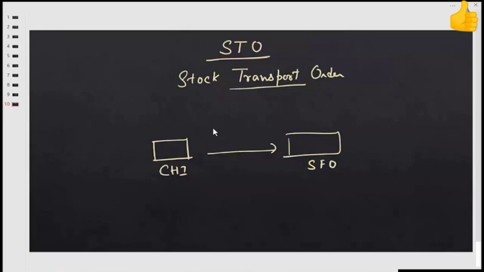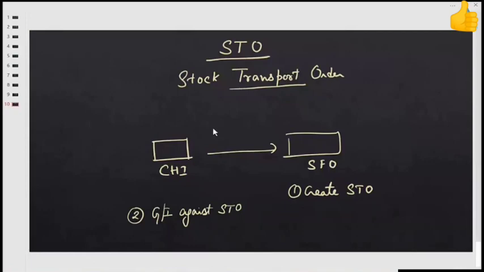The way to do a stock transport order is to create an STO in the receiving plant. The second step is to do a goods issue against the STO that has been created in the receiving plant.